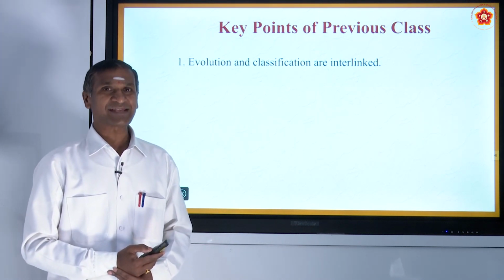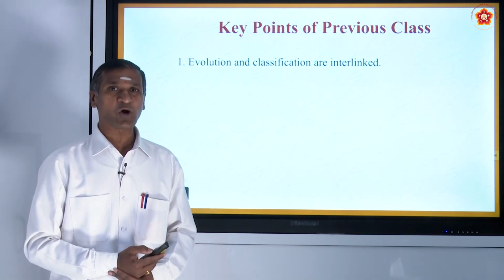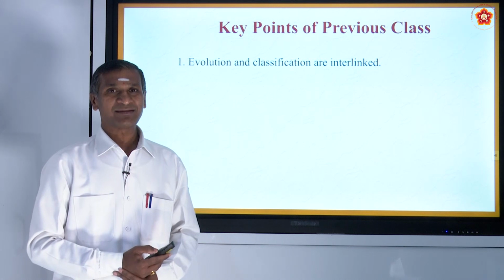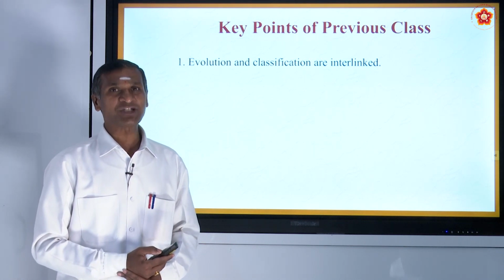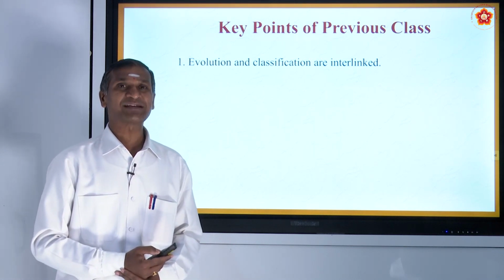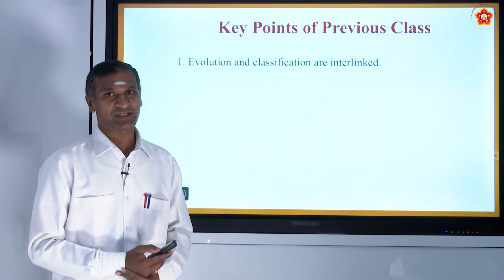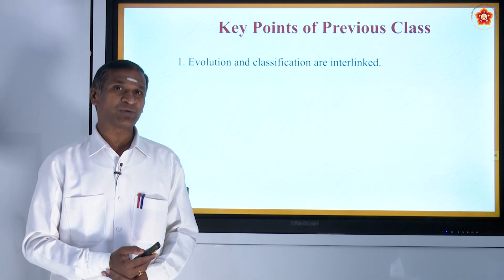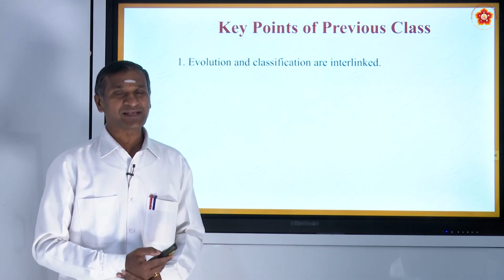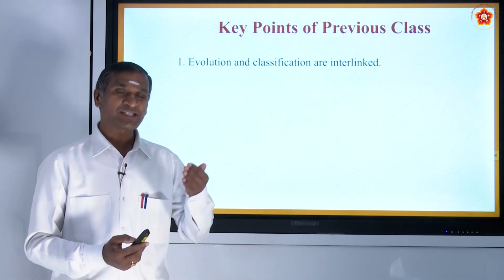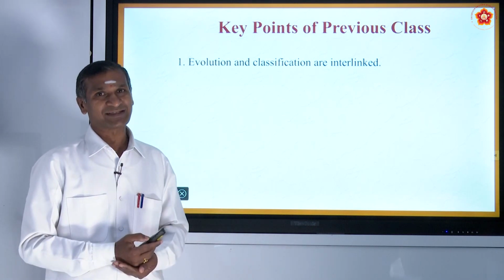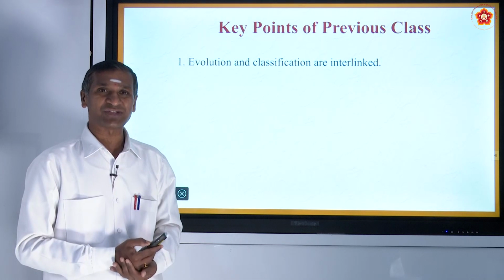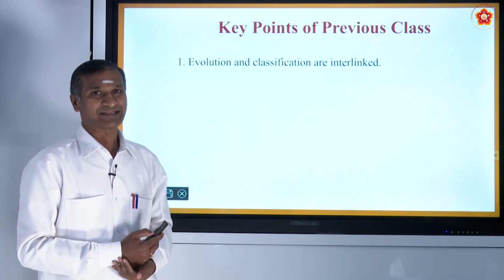Only by the scientific way of organizing, grouping, and naming on the basis of a particular character can we classify the whole creation. With that classification, we come to know how organisms have developed from simple to complex. Hence, both evolution and classification are interlinked.